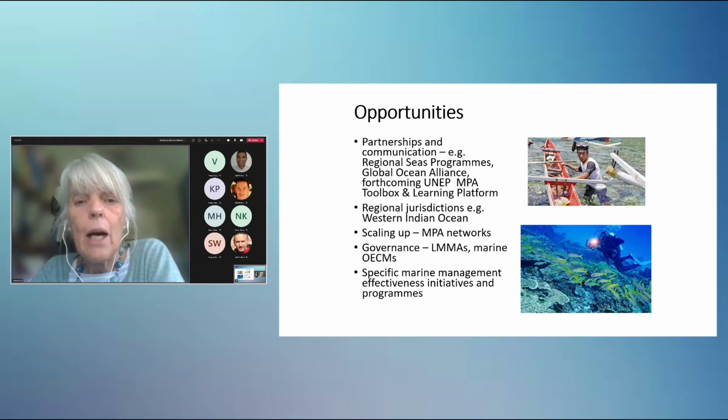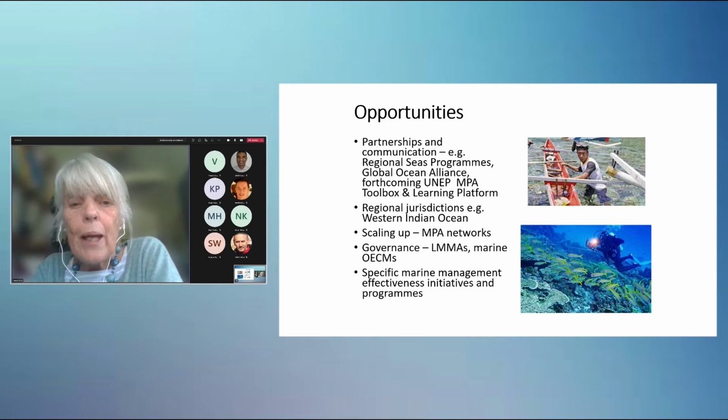And then finally, there are an enormous number of tools and methodologies for assessing management effectiveness, PAME assessment, being developed specifically for the marine environment. And I think there is some work to be done there in making sure that we see how these complement and can be used in the context of the Green List. Stephen mentioned this in his talk.